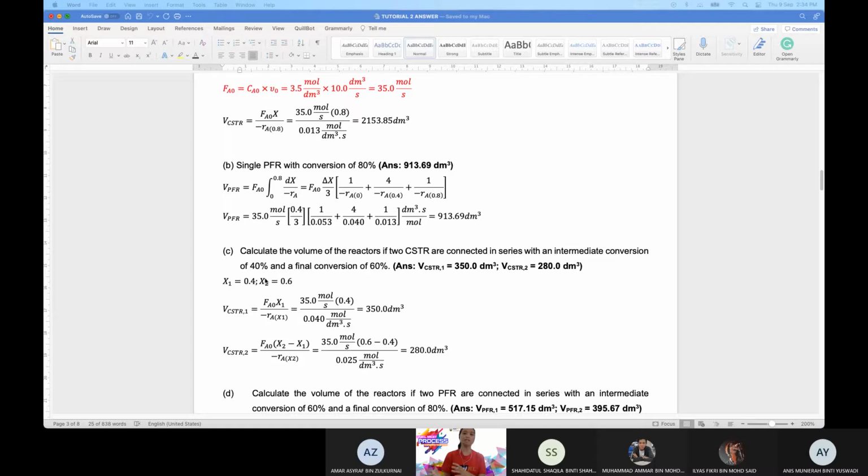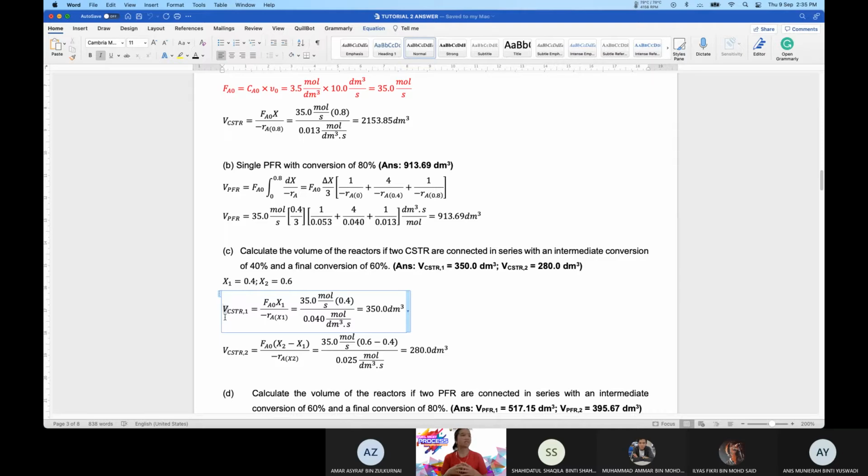When we have 2 reactors, we have to calculate separately, because we need to know the volume of the first reactor and the volume of the second reactor. This formula you should know, but of course in the test or exam, you can always refer to notes. The formula for the first reactor is volume CSTR1 equals FA0 X1 over minus RA at X1. We write 1 and 2 so you can differentiate whether you're calculating for the first or the second.